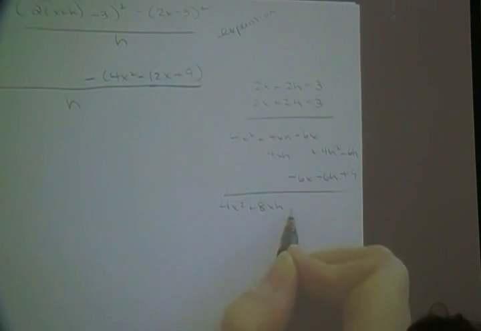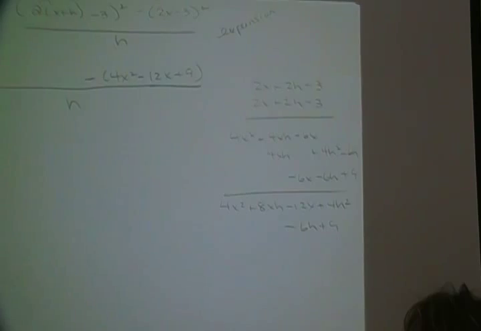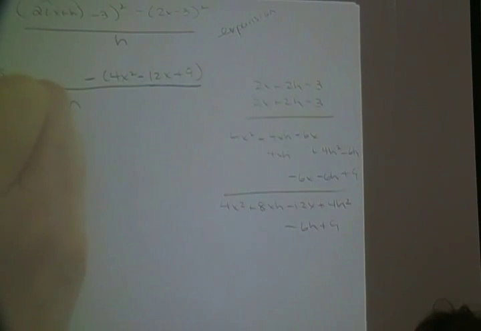And when I put all that together, I'm going to have 4x squared plus 8xh minus 12x plus 4h squared minus 6x plus 9, which is a big mess, but I got to fit that all here. So 4x squared plus 8xh minus 12x plus 4h squared minus 6h plus 9.